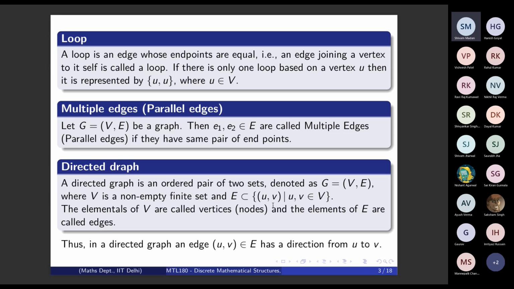For example, here we do not write a set; we write an ordered pair U comma V. When you say directed graph, the ordered pairs U comma V and V comma U are different. When you write U comma V, that means there is a direction from U to V, and if we write V comma U, then there is a direction from V to U. So we write in round brackets.